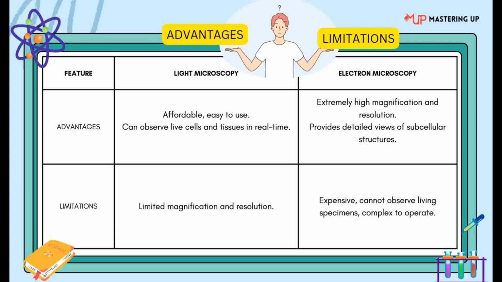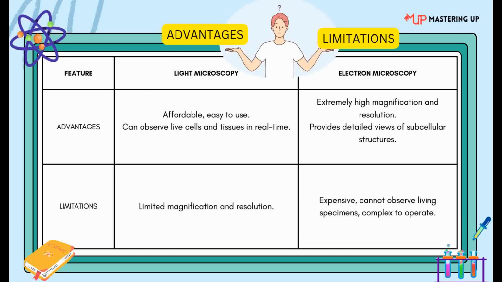Electron microscopy, on the other hand, gives us much higher magnification and resolution. It provides detailed views of subcellular structures. This makes it perfect for studying viruses or cell parts that are too small for light microscopes, but it comes with some limitations.